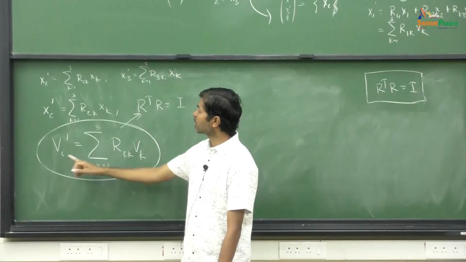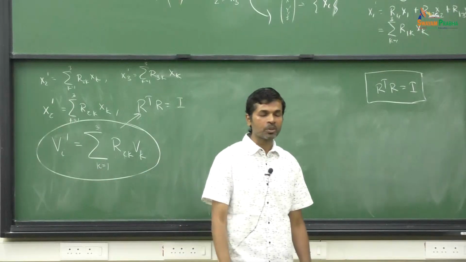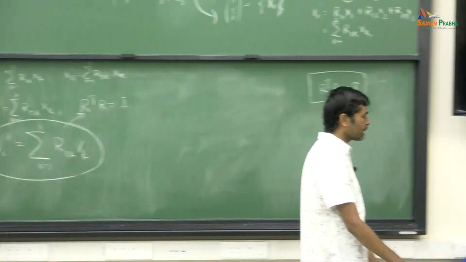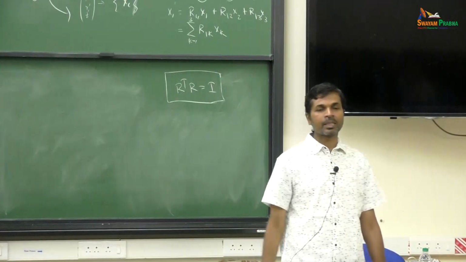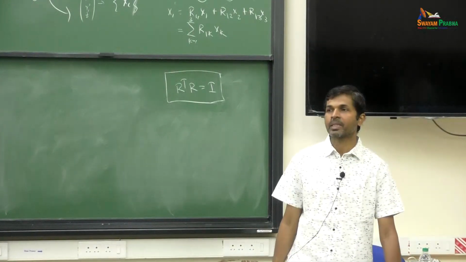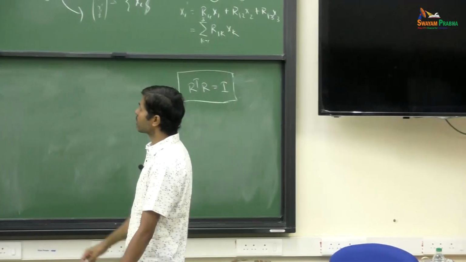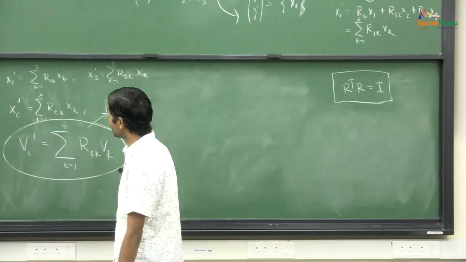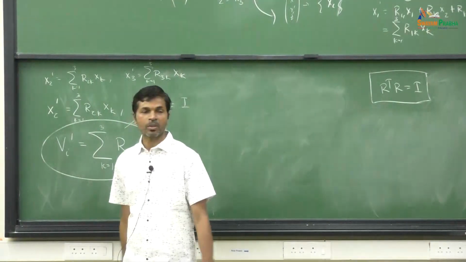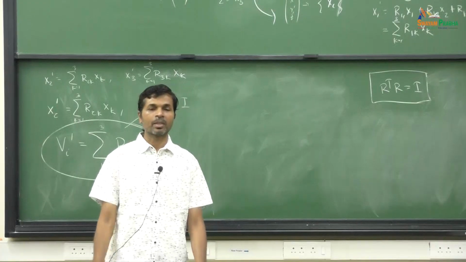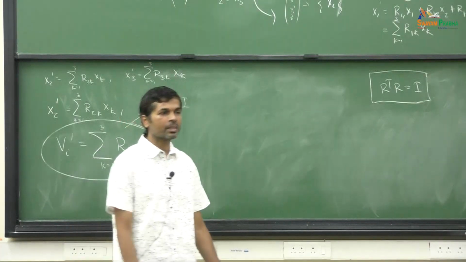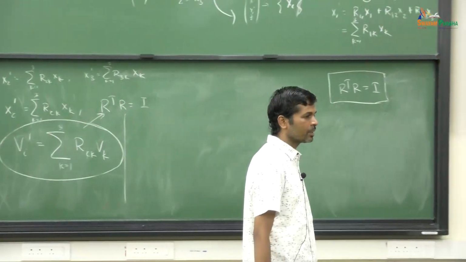So I saw that this is how the components transform, and now I take this as the definition of my vector. If I have a collection of 3 quantities which transform this way under rotation, I call them vectors. So what is the use? What is the new thing that we are getting here?